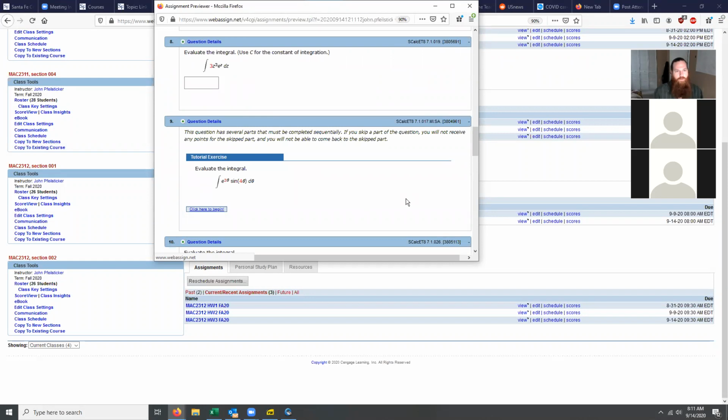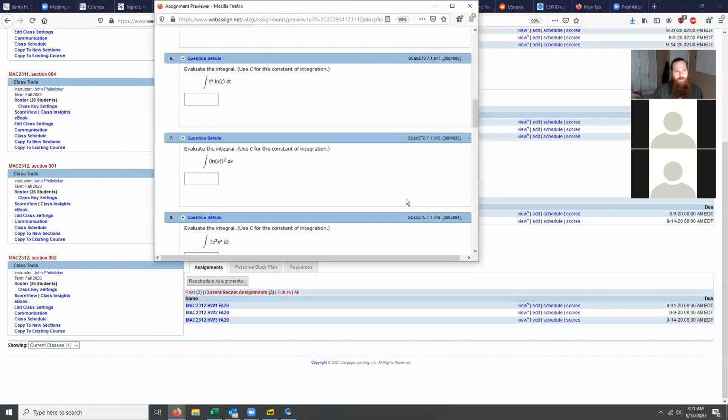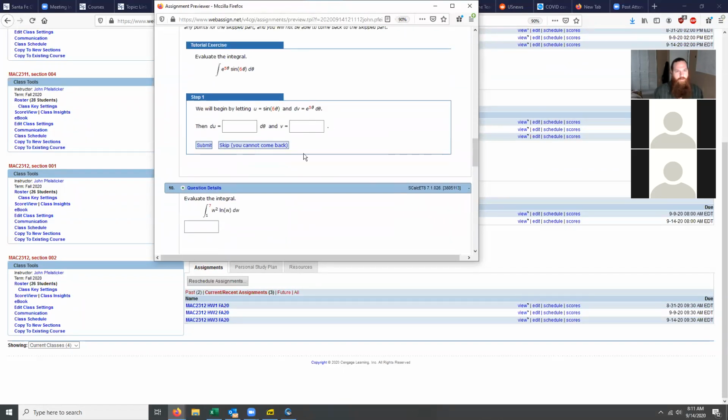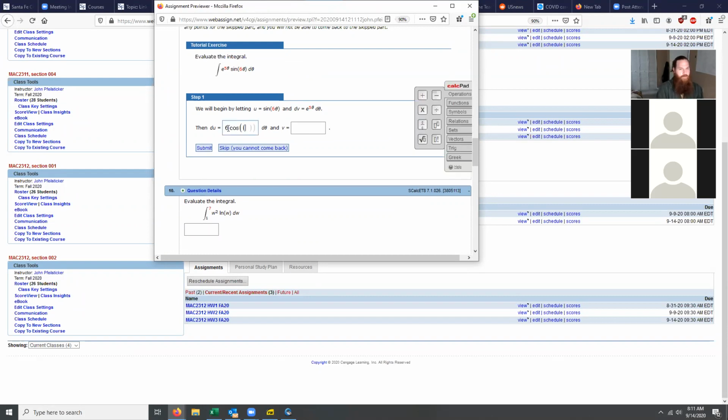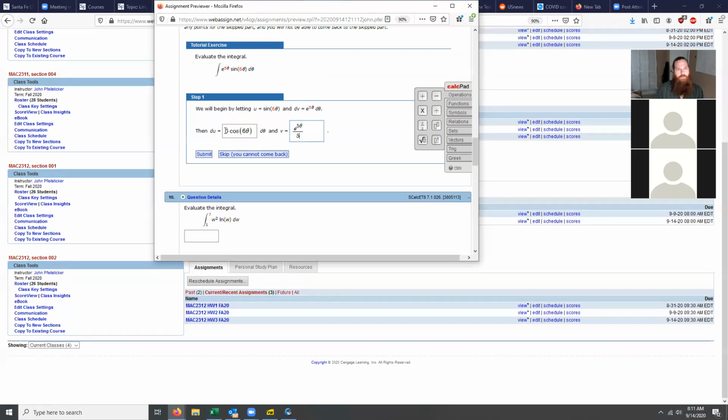Oh, we can. The way you do this integral is by parts. If u is sine 6 theta, then du is 6 cos 6 theta. And if dv is e to the 5 theta, then v is e to the 5 theta over 5.